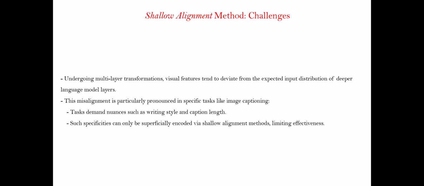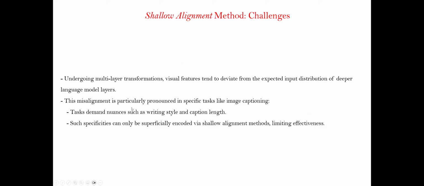And further, since it is shallow, it only takes care of the input side of the large language model. But in the large language model, there are multi-layer transformations happening. So visual features might tend to deviate from the expected input distribution of the deeper language model layers.